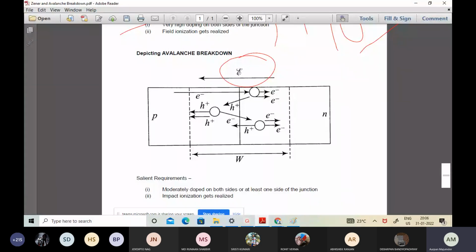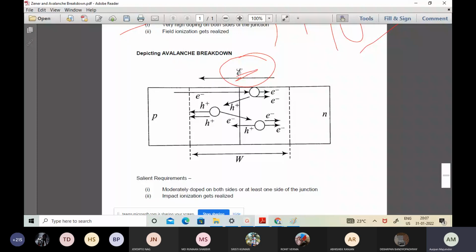So the moment a few carriers get into the depletion zone, and the electric field E is very much existent there, it can gain a huge amount of kinetic energy from the velocity as well, and that will be sufficient for it to traverse through the depletion zone.